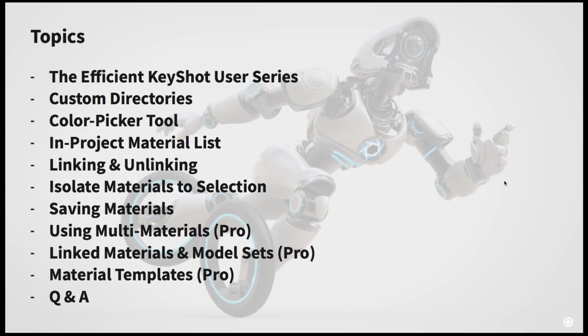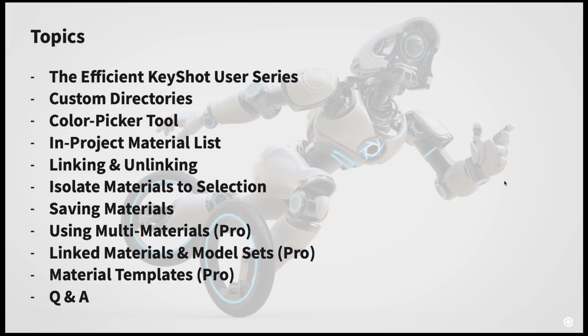As far as the actual topics that we're going to dive into today, we're touching on what the series is about, and then a brief run through custom directories, the color picker tool and all of the little details that are jammed into that tool, our in-project material list, how to link and unlink materials and some tips and tricks there, isolating materials to a selection, saving materials, using multi-materials, and how linked materials behave within model sets, as well as material templates, some pro features at the end.